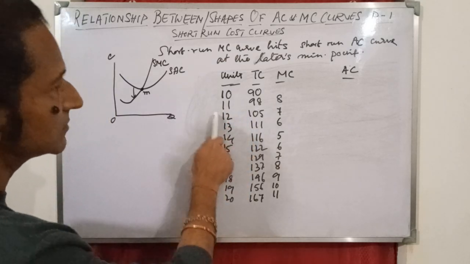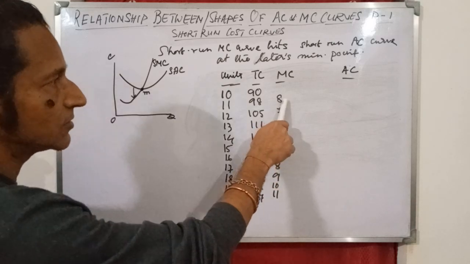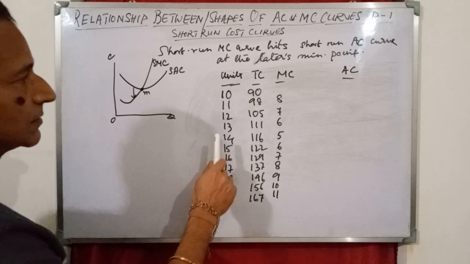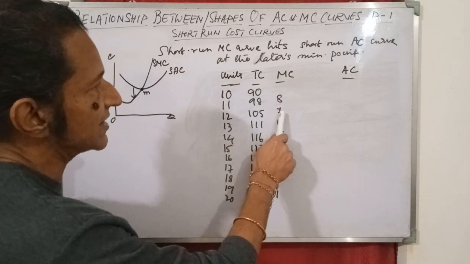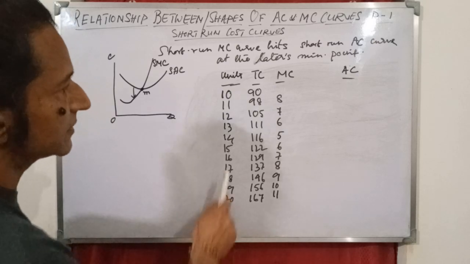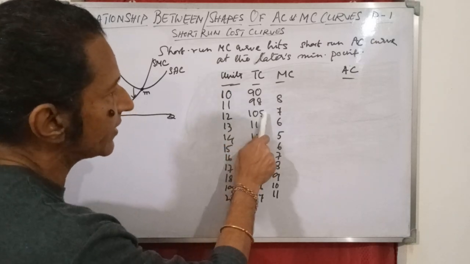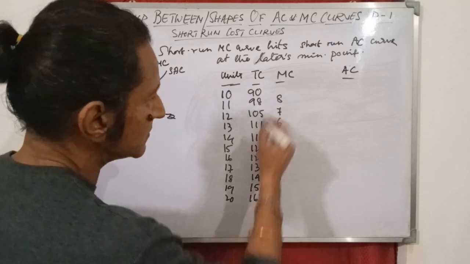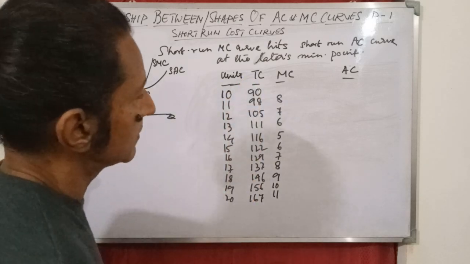For 11 units, total cost is 98. So the marginal cost of producing the 11th unit is 8. The total cost of producing 12 units is 105. So the marginal cost of producing the 12th unit is 7. And this way, this goes on.